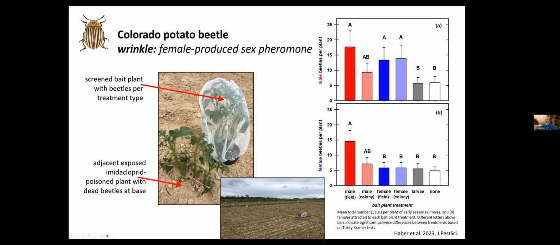And the reason it isn't a whole lot more is Colorado Potato Beetle is pretty good at sniffing out potatoes. So the pheromone relative to the plant signal is not quite as strong as what we saw with the Harlequin bug. Anyway, if we put out females, we only get males.